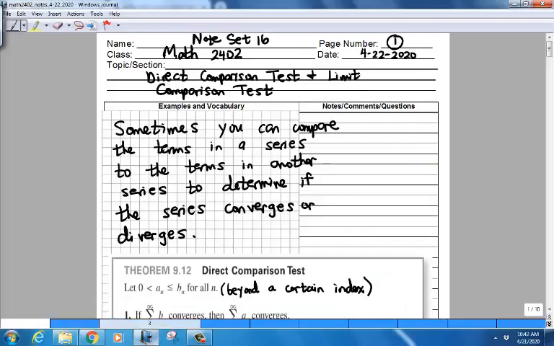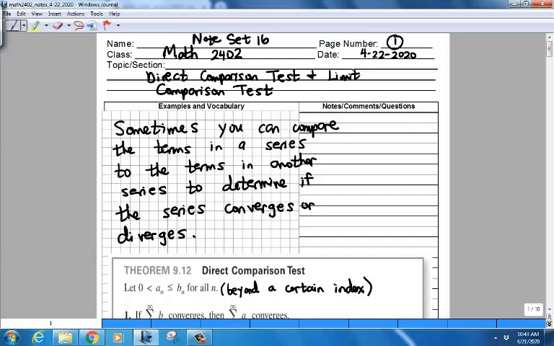Let's dive into the notes today and finish this last set of notes, so you'll be ready to do that last homework when it's due. Today we're going to talk about more advanced techniques for determining whether an infinite series converges or diverges.